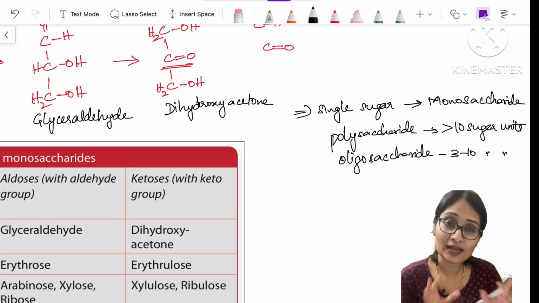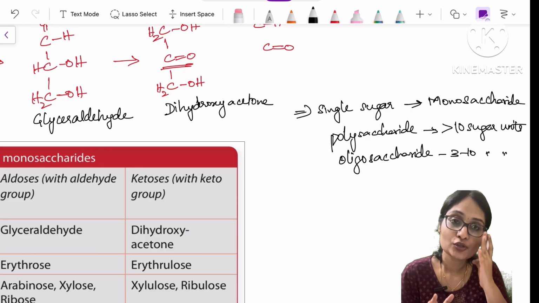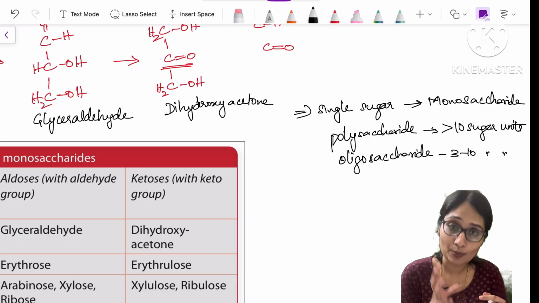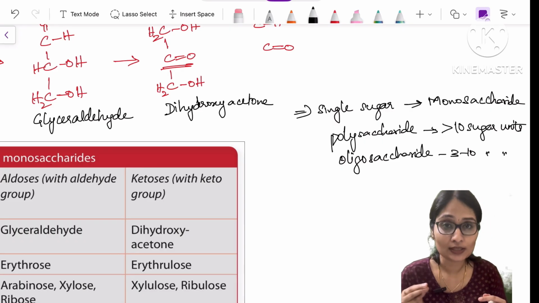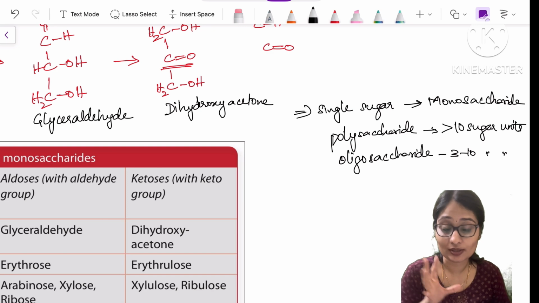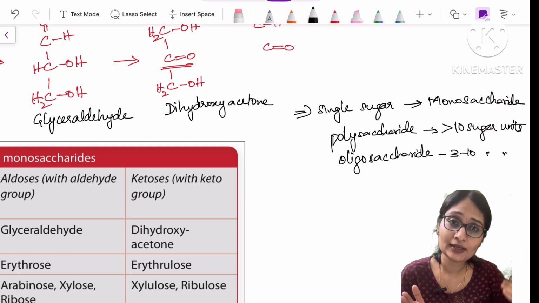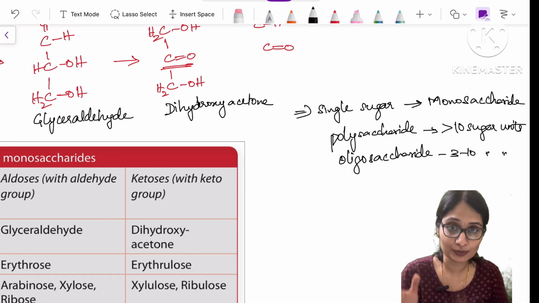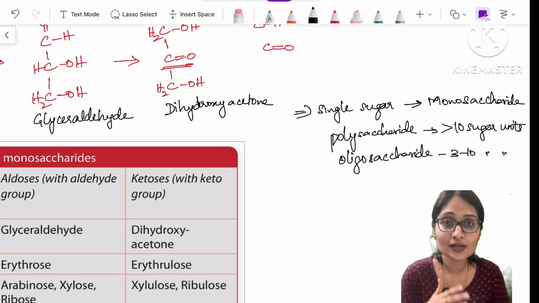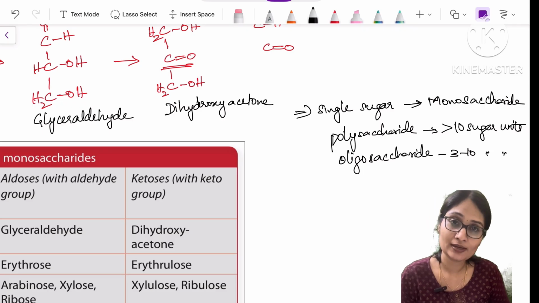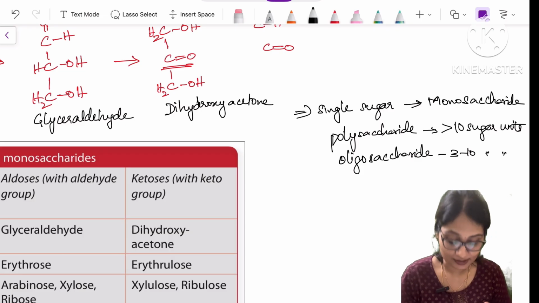So this is about the classification of carbohydrates. We began with what a carbohydrate is, and we looked at glycerol and how glyceraldehyde and dihydroxyacetone are derived from it. Moving on, we saw the classification of carbohydrates: what a monosaccharide is, what a disaccharide is, what oligosaccharides are, and what polysaccharides are.